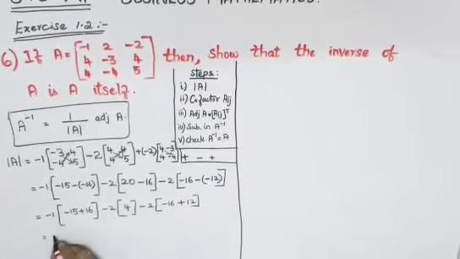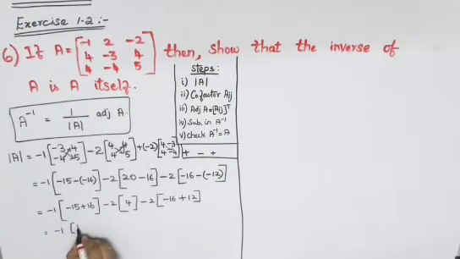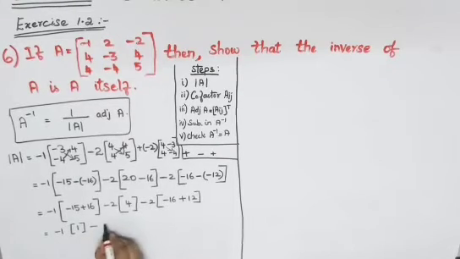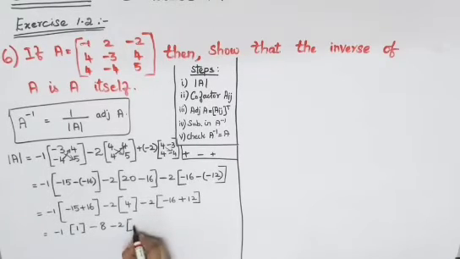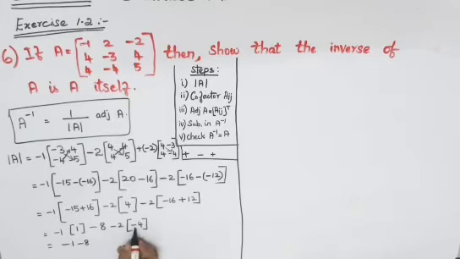The next line will be minus 1 into minus 15 plus 16, which is plus 1, since the bigger number's sign is plus. Minus 2 4s are 8, and minus 2 into minus 16 plus 12 is minus 4. So 1 into 1 is minus 1, minus 8, and minus into minus is plus, 2 4s are 8. So minus 8 and plus 8 you can cross out, and the answer will be minus 1.